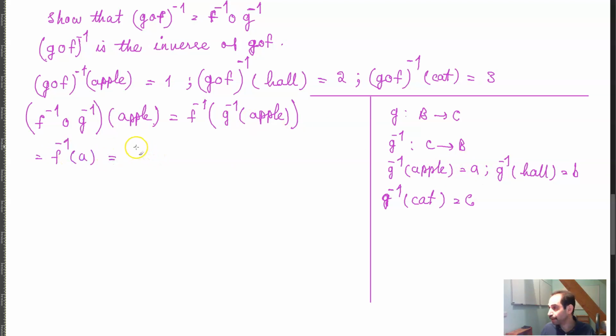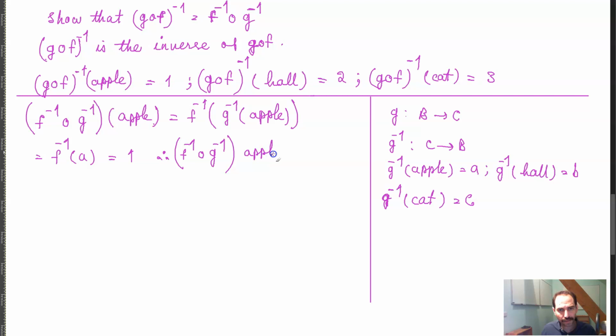Now f inverse of a is equal to 1. So f inverse composed with g inverse of apple is equal to 1.